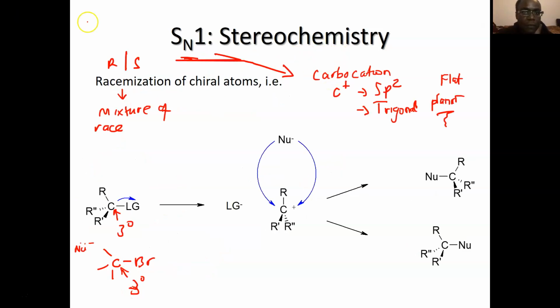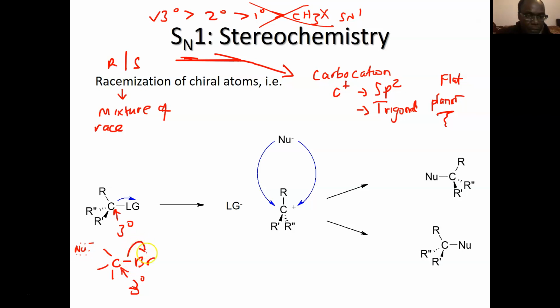But for SN1, it prefers the opposite, tertiary, secondary, primary, and in fact, these two will never do SN1. So this is tertiary, so it's good for SN1, bad for SN2. So SN2 will not happen, the nucleophile will not attack in the first step.